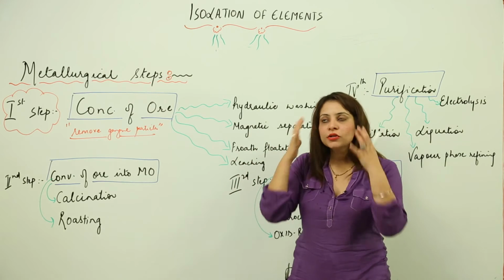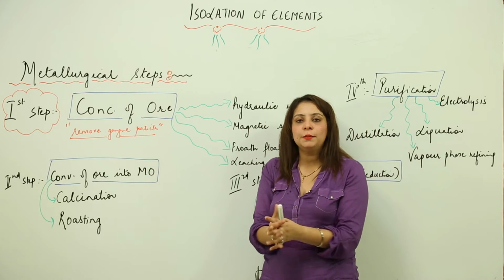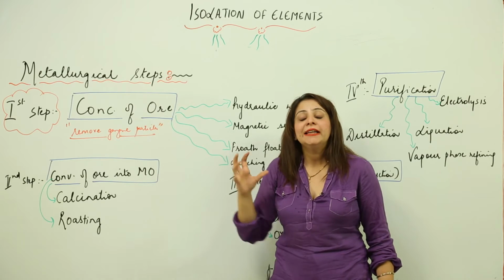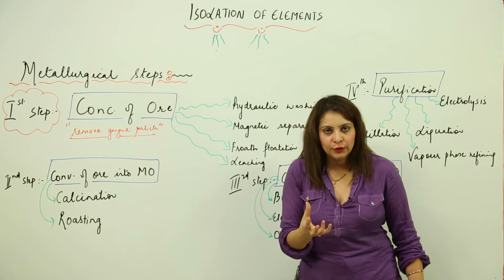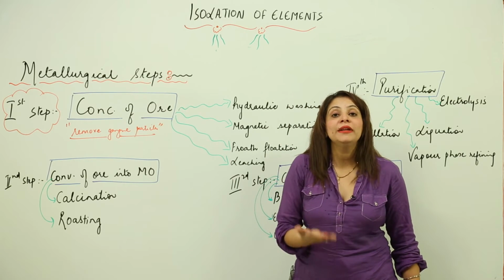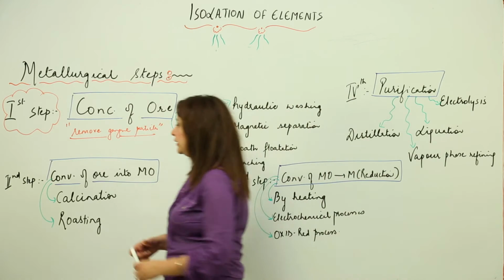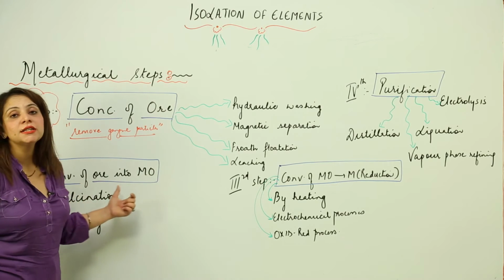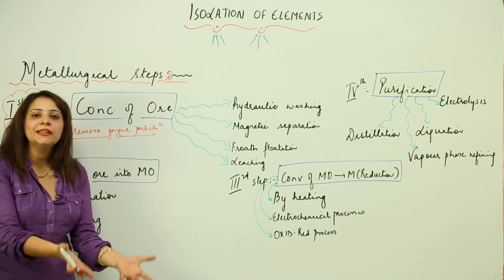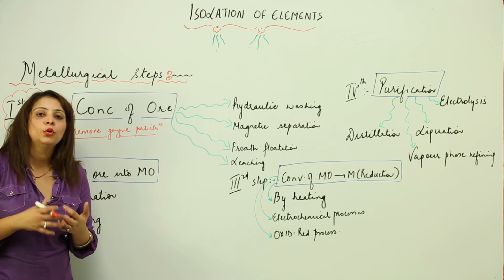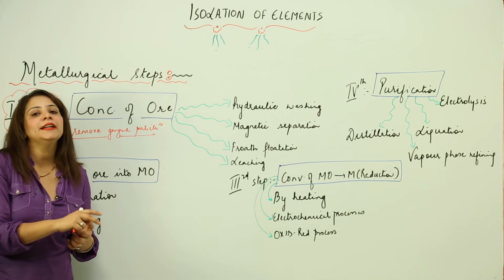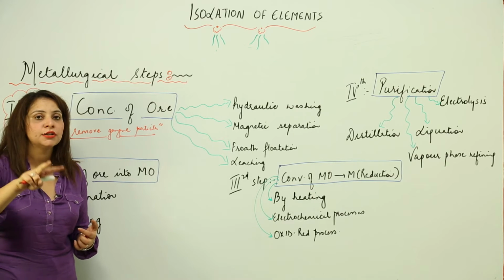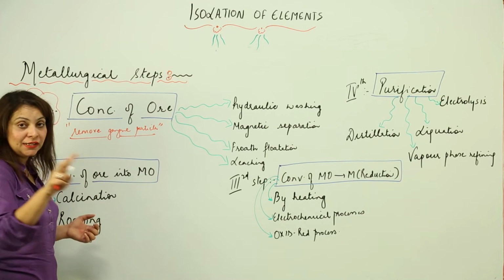After that, suppose you have already removed all those gangue particles and you are left with the raw ore. Now what to do next with that ore? The second step is that we need to convert it into metal oxide. Suppose I get a bauxite ore, which is an ore of aluminium. After removing the gangue particles, my second step is to convert it into its metal oxide, that means aluminium oxide.